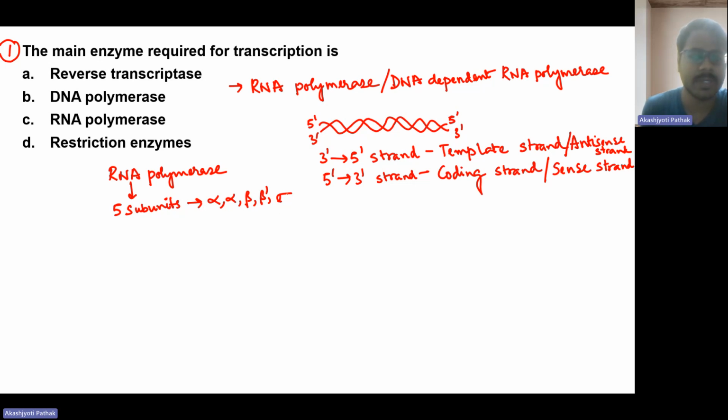The sigma factor helps the RNA polymerase to recognize the promoter region of the DNA. So there is a single RNA polymerase in prokaryotes, while eukaryotes have three different RNA polymerases, right? They are RNA pol 1, RNA pol 2, and RNA pol 3.